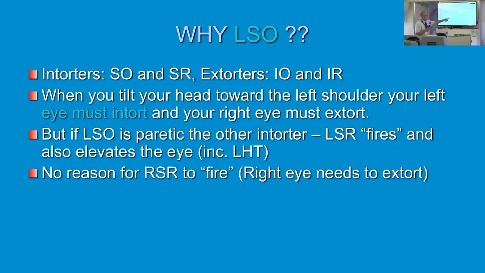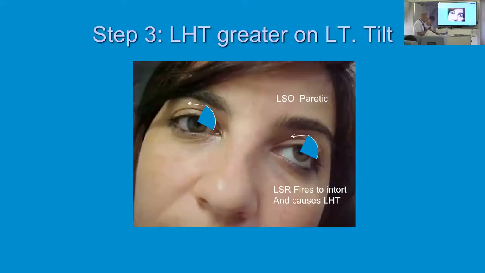But the right superior rectus has no need to fire because it's an intorter, and you need to extort the eye, right? So there's no reason. So in that last step, when you tilt your head to the left, the only muscle that's going to act is the other intorter, the left superior rectus.